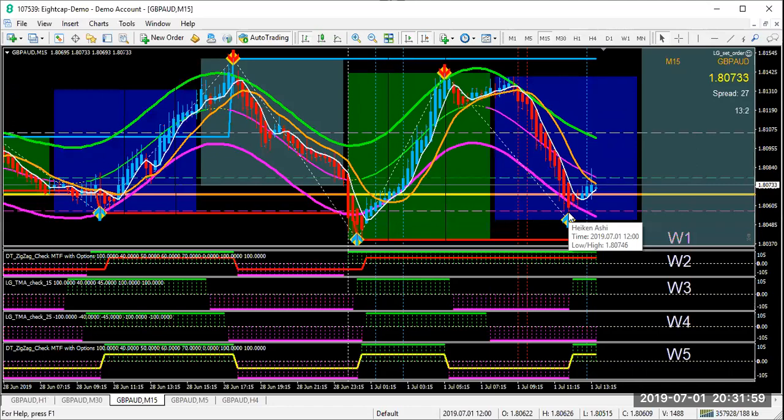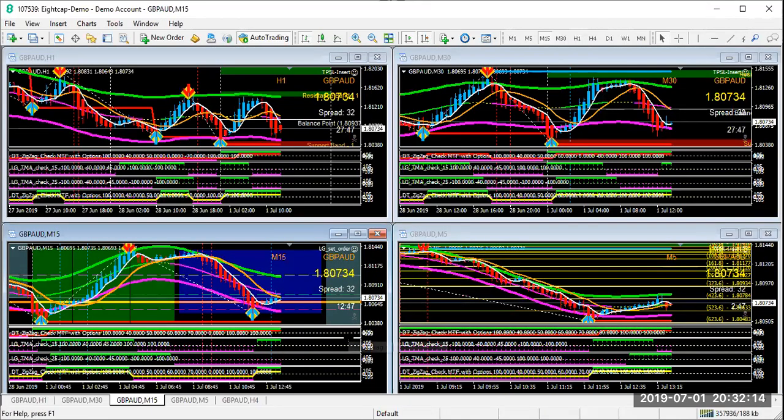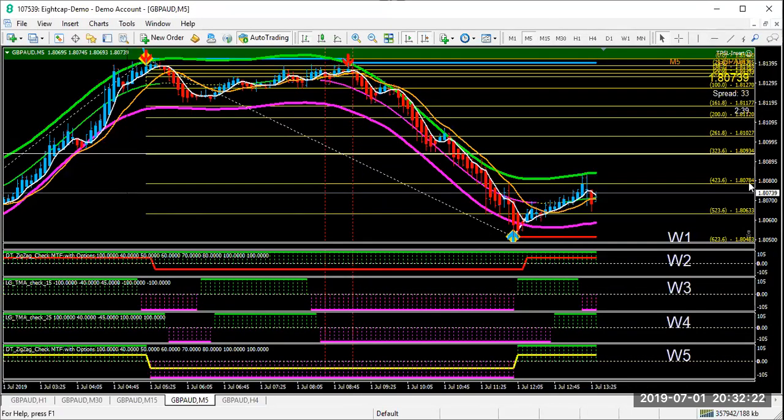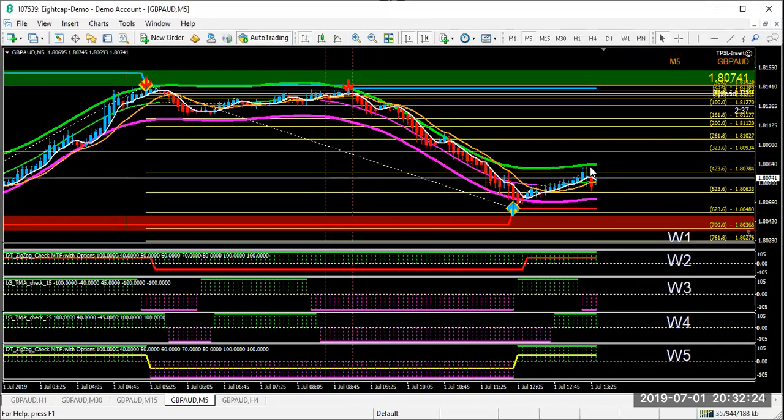But as you can see, the candles and price action have achieved coming back to the center line, the pink center line, back to average, back to mean. So over here still has the potential to move further down.